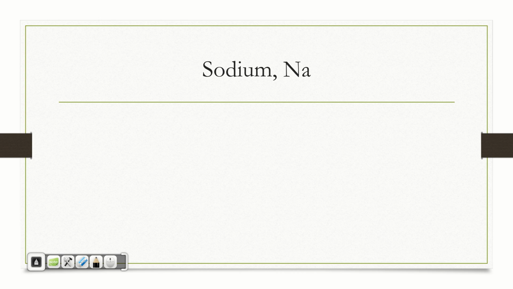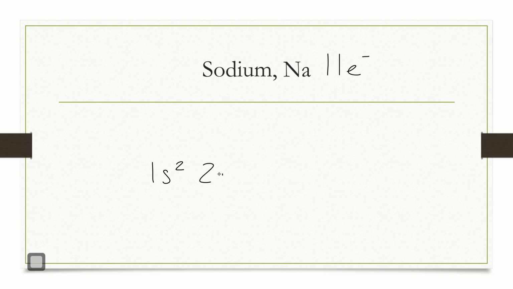If I do an example here, I have sodium. Sodium has 11 electrons. My suggestion would be that you write out the electron configuration for this first. I'm not going to bring back up the Aufbau diagram, but this would be 1s2, 2s2, 2p6, 3s1.